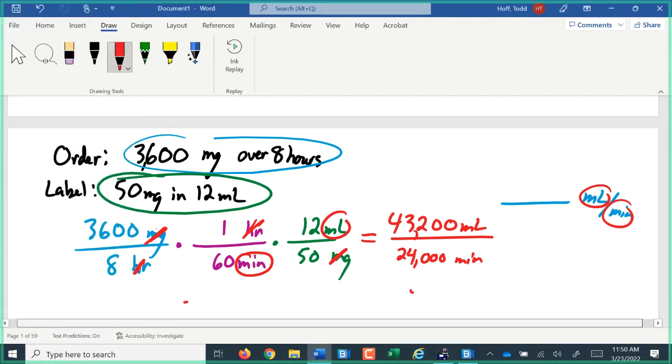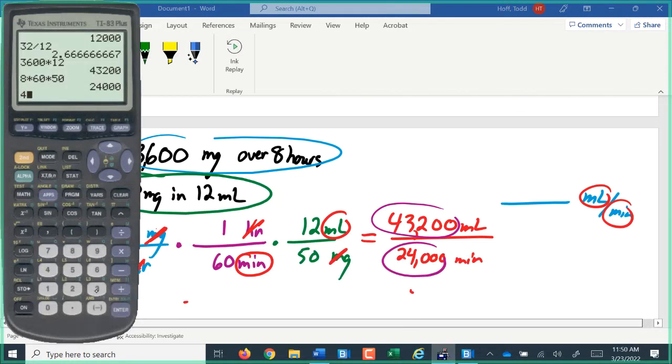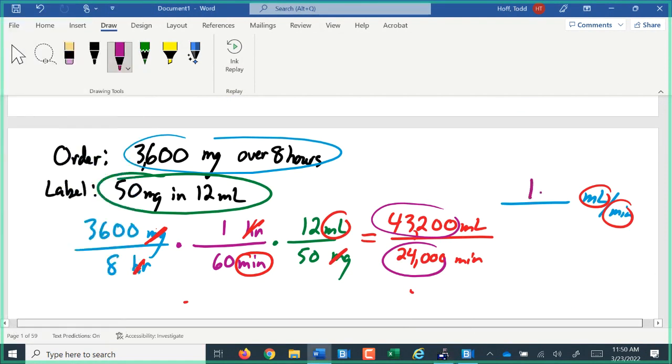Yes. So now again, I'm not going to go through the long process of creating the unit rate. I'm just going to divide it out. We would divide out 43,200 divided by 24,000 to give us 1.8 milliliters per minute is that flow rate.